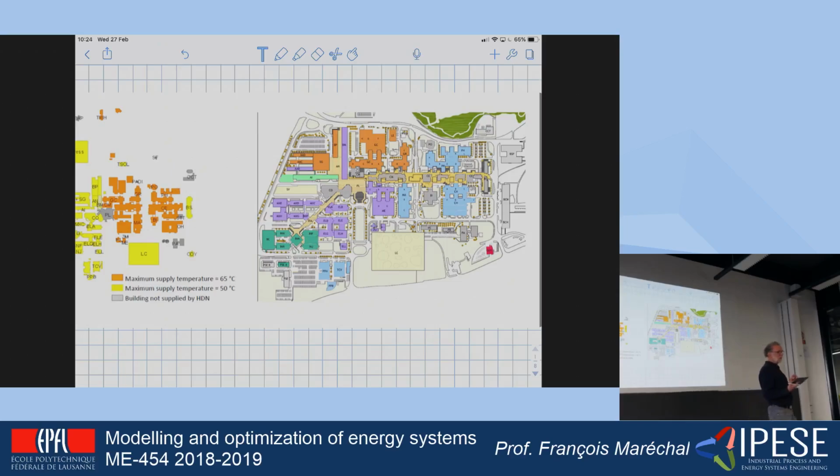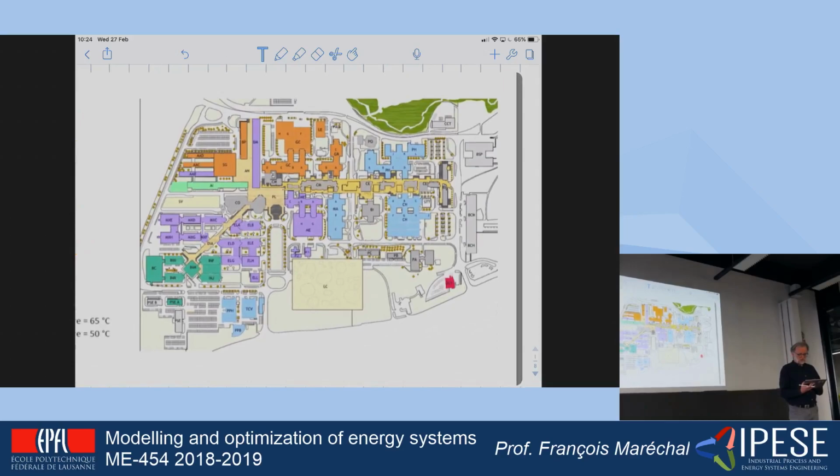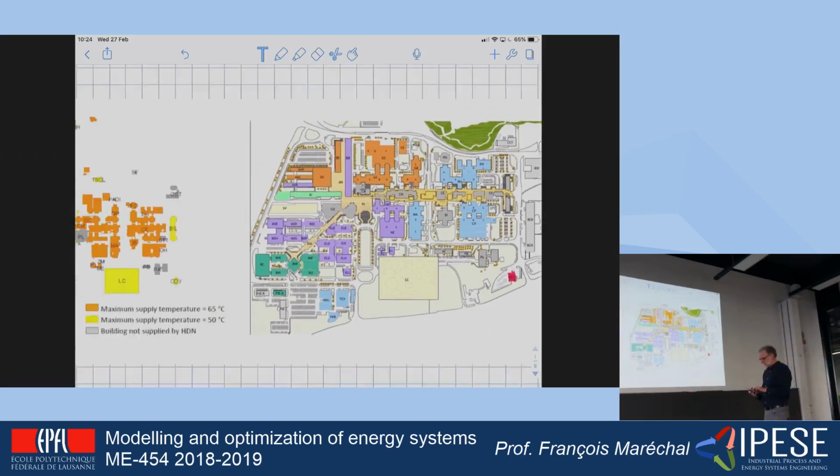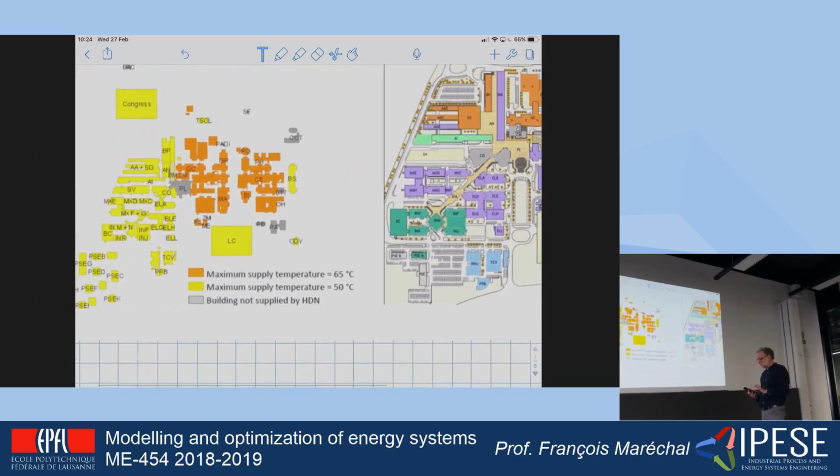So it means that we are going to look at the whole site of EPFL with a lot of buildings, like you see here, and some of the buildings are indeed connected to different types of heat distribution systems.